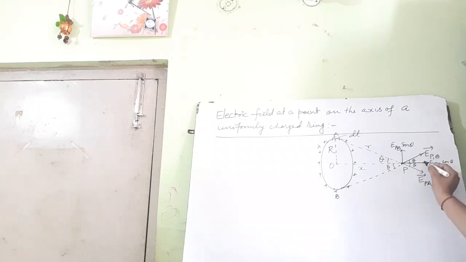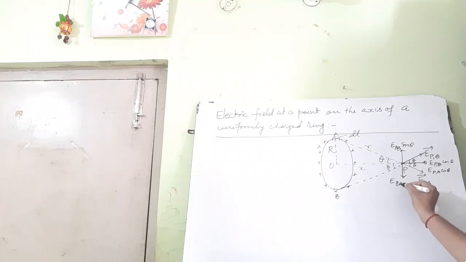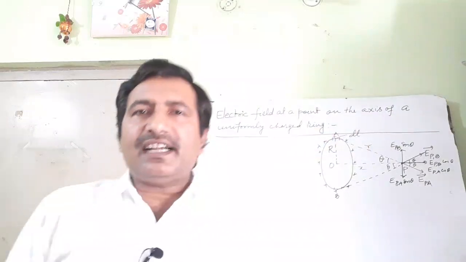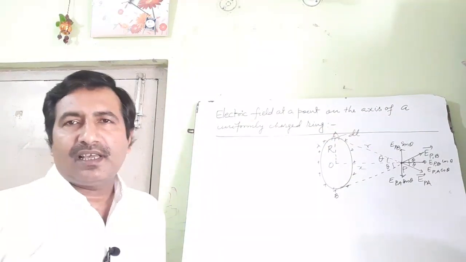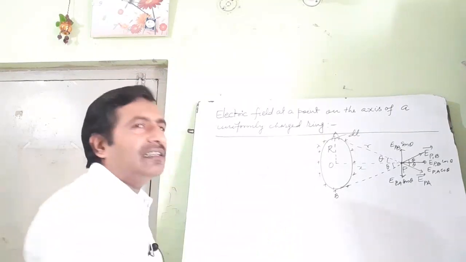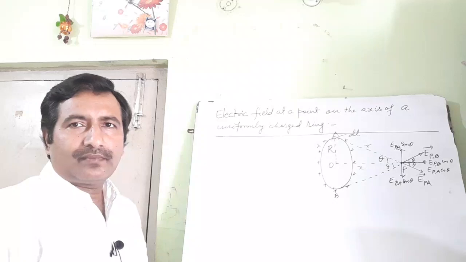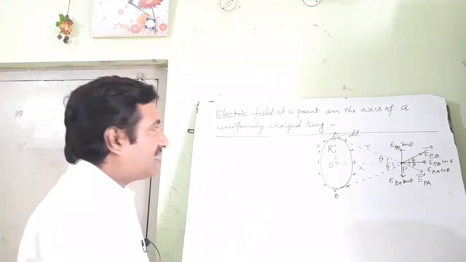The component of EPA along this will be EPA cos theta, and the component of EPA along this is EPA sin theta. EPA and EPB will be equal in magnitude because both of them are obtained due to a similar element carrying the same charge and at the same distance.